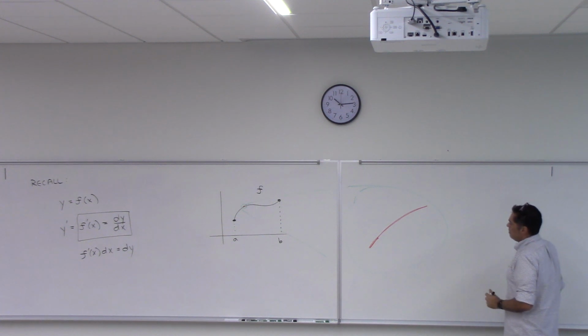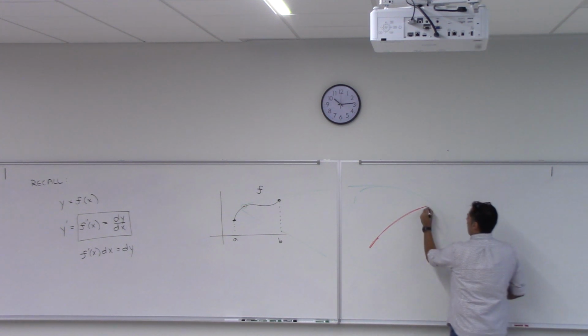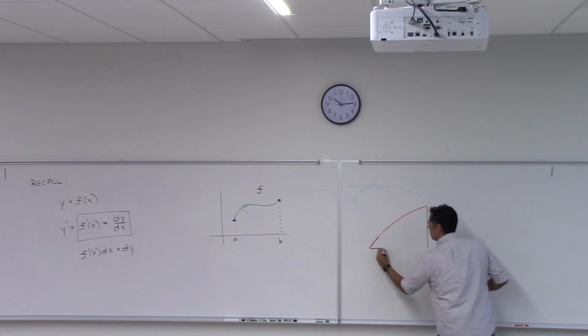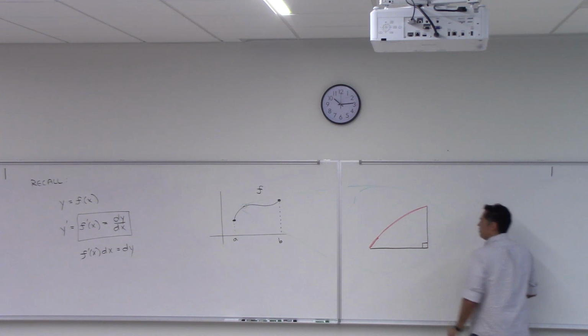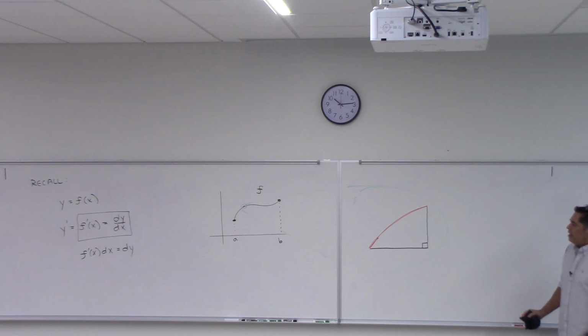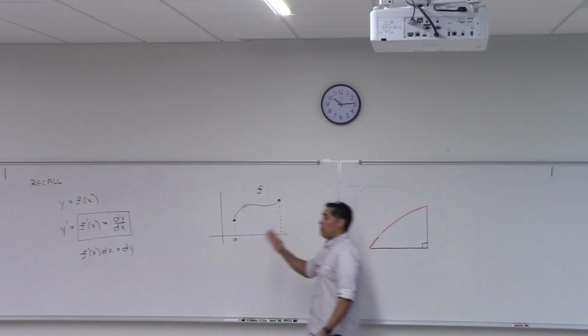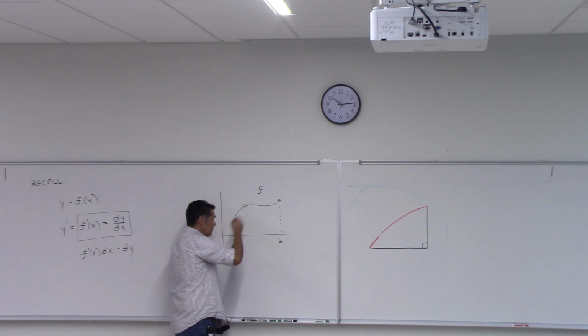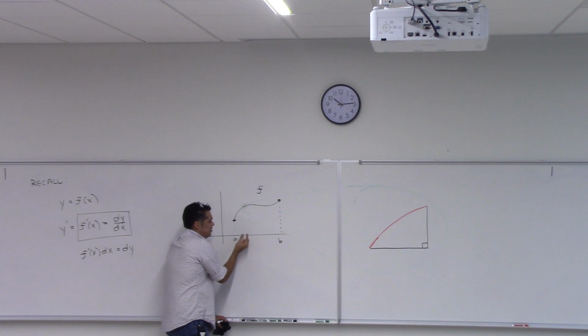And what I can see is that if I were to create a right triangle out of this, like this, then you know how before when we were finding areas, we cut this up into a bunch of vertical rectangles, and the width of each rectangle was dx.